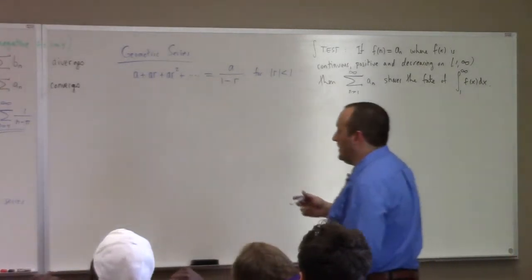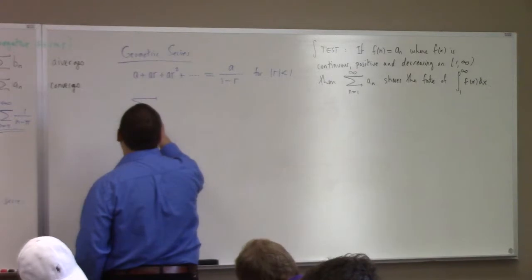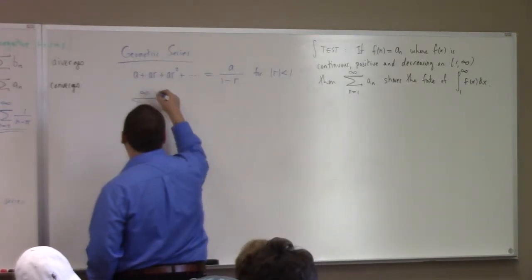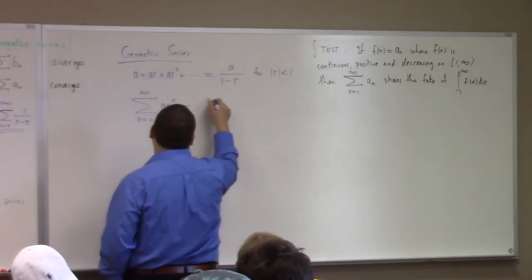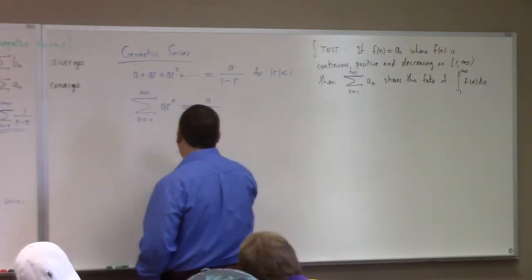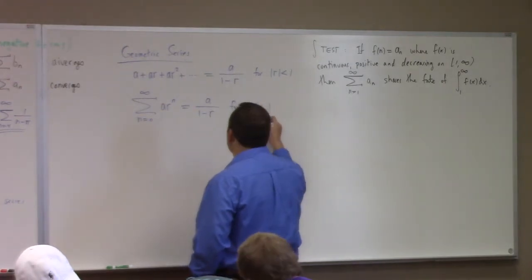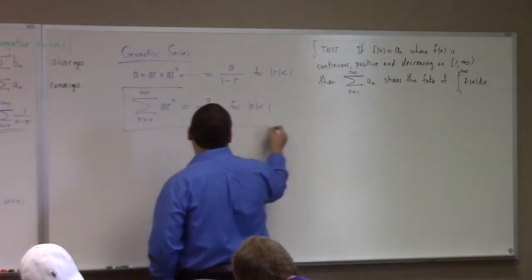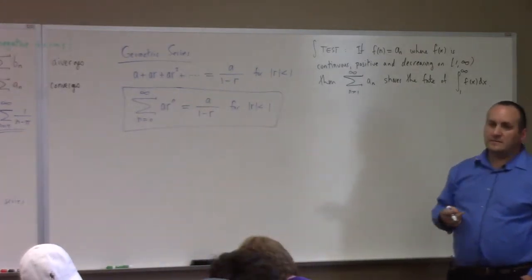In other words, the sum n equals 0 to infinity of a r to the n is equal to a over 1 minus r for this condition. And this is the so-called geometric series theorem, whatever you want to call it.